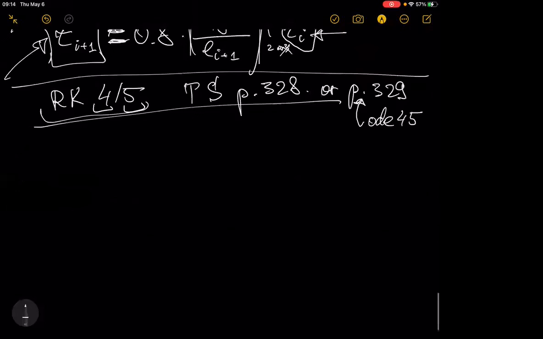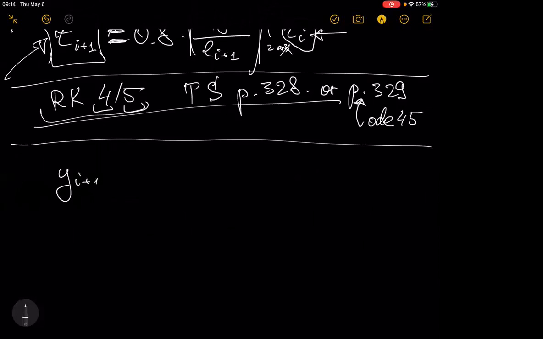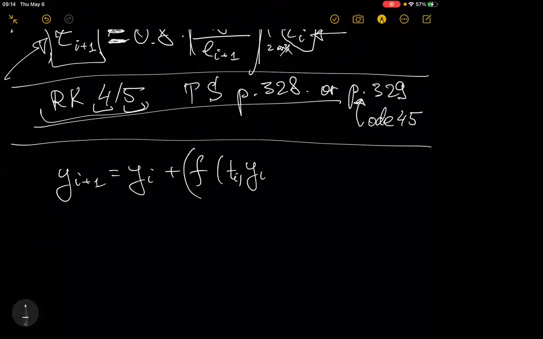Okay, and the last thing, let me remind you. For example, Runge-Kutta of order 2. This is what we used: y_{i+1} was y_i plus (f(t_i, y_i) plus f(t_i plus tau, y_{i+1})) multiplied by tau divided by 2.